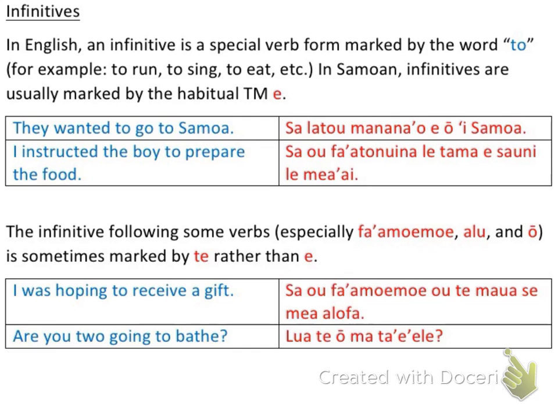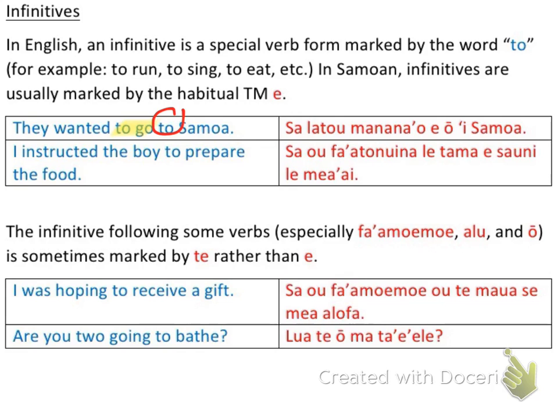So, they wanted to go. What we're learning about in this video is this to go. The go is a verb, and the to right before it is the infinitive. The to right after it is not what we're learning in this video; we've learned that form in our other videos. So, sa lato mananao, they wanted to go to Samoa.